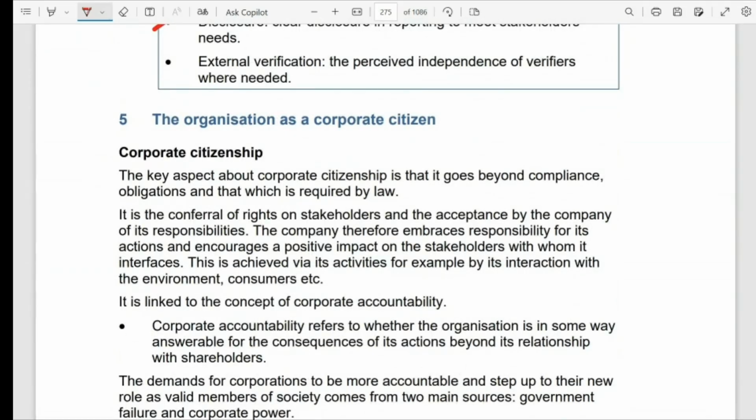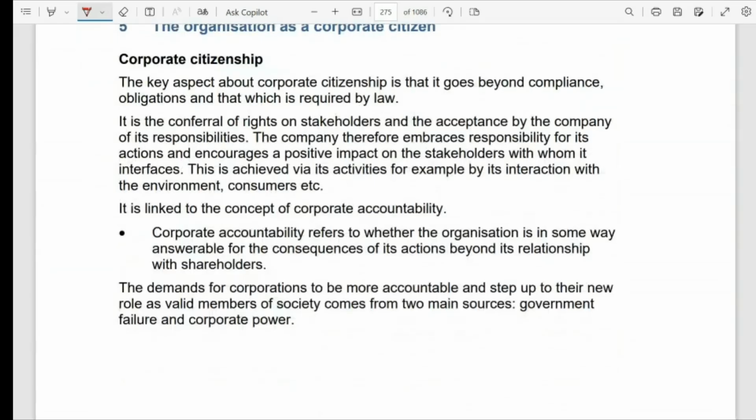Organization as a corporate citizen, corporate citizenship. What is that? Just go through it as a simple reading part.